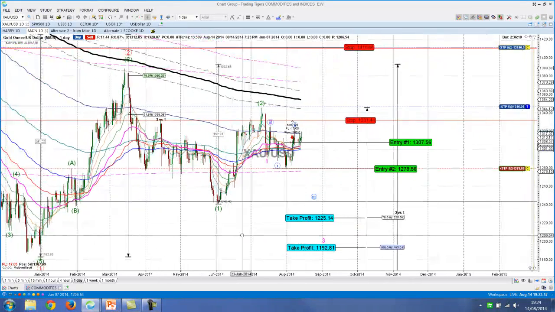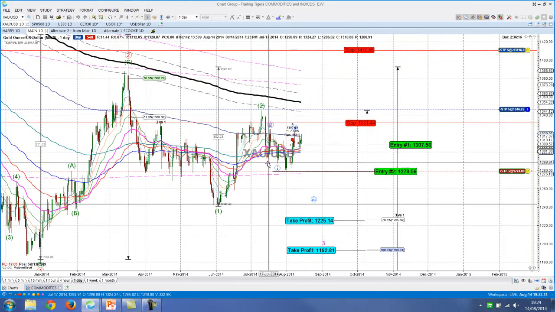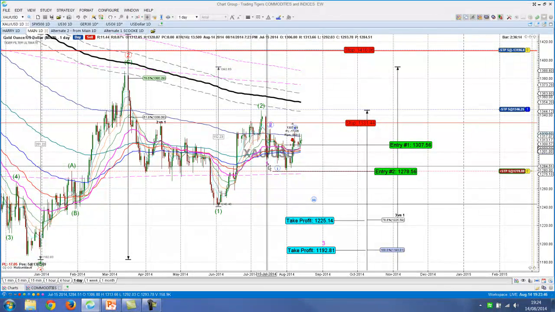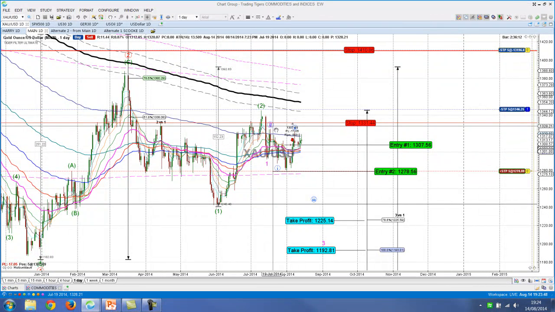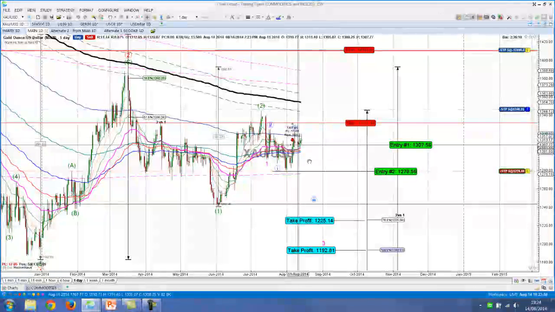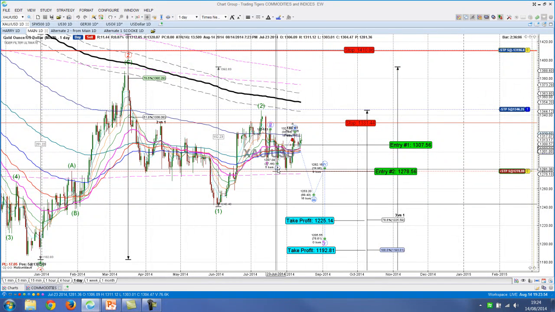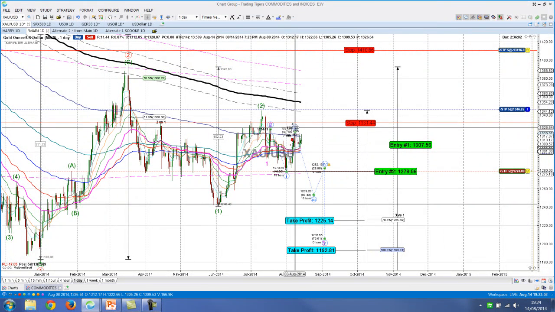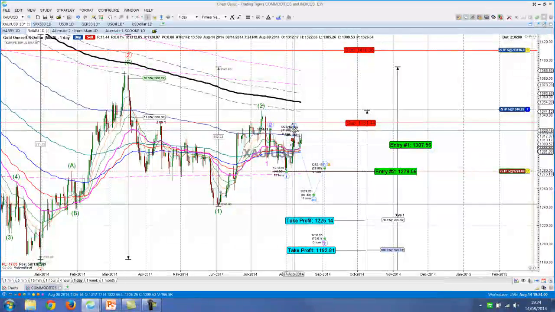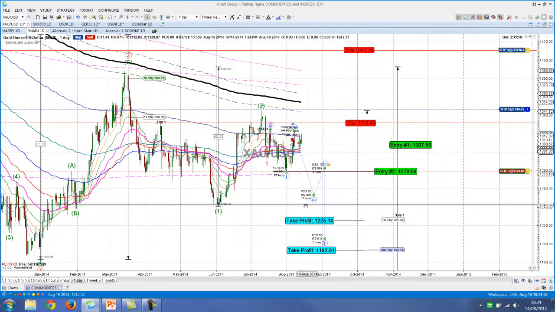We're breaking that structure down, and we've come to the minor, that's 1, 2, that's pink, and now we're looking for its wave 3 to come down. We've broken that down a little bit further. We can actually move that one down to here, and that wave 2 is up top there. So what we're looking for now, the minute degree, that's blue, Roman numerals in a circle, for it to come down.